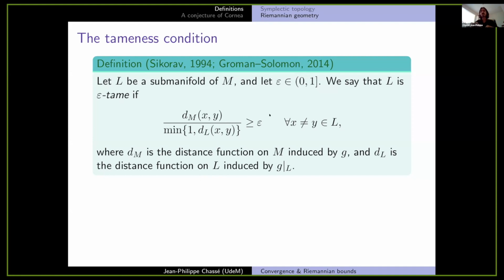Essentially what the condition tells you is that on a small enough ball, you can compare M and L. So this is just what it means.